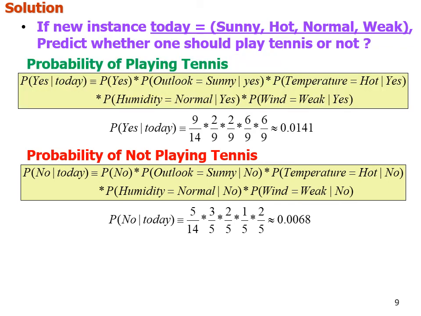Now, to come up with the sound prediction of probabilities for probability of playing tennis and probability of not playing tennis, the next step that we are going to perform is the normalization. Since probability of playing tennis given the instance today plus probability of not playing tennis given the instance today is equal to 1, we may use the following formula to normalize our earlier result.